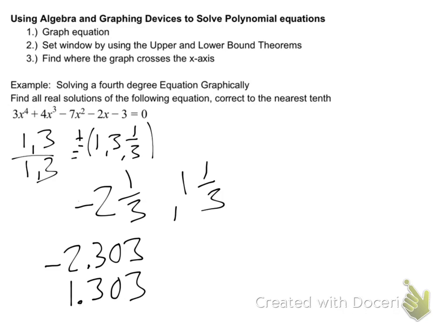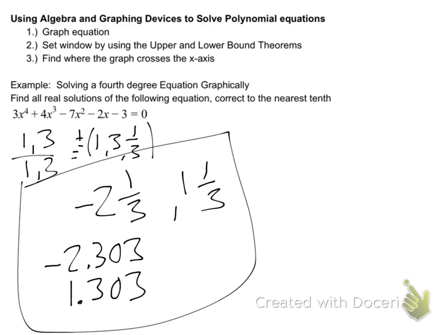But if I needed to figure out where those zeros were on my graph, because maybe I'm using a graphing calculator, which is not as easy to move around, then maybe I want to use the fact that I'm seeing points that are crossing at those places, right? We thought by just looking at it was negative 2 1/3, but it really came out to negative 2.303.